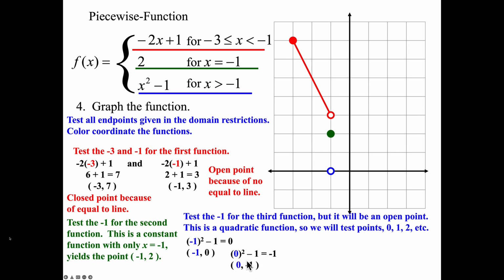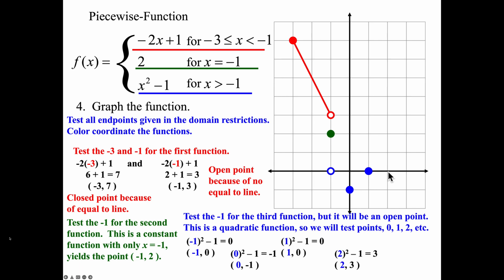There's my 0, -1. Oh yeah, that's right, that was my y-intercept. Boom, there's the point. Now test +1. Well, it should be the same as what we had over here because -1 squared is 1 and +1 squared is 1. 1 minus 1 is 0. Boom, 1, 0, there's my point.